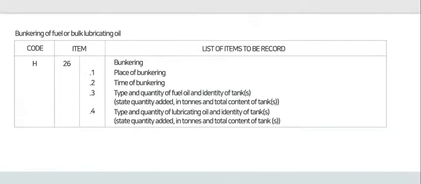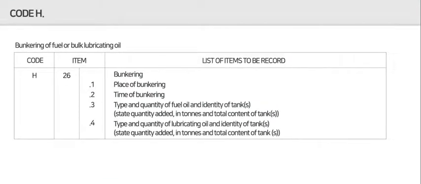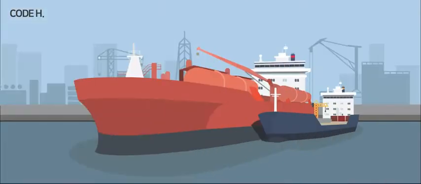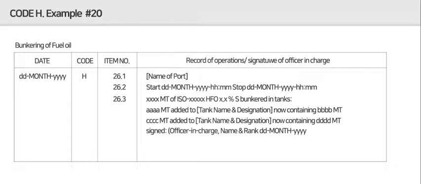Code H. Code H is recorded when fuel oil or bulk lubricant is supplied. Let's take a look at an example to learn how to write in detail. Example 20, when supplying fuel oils.